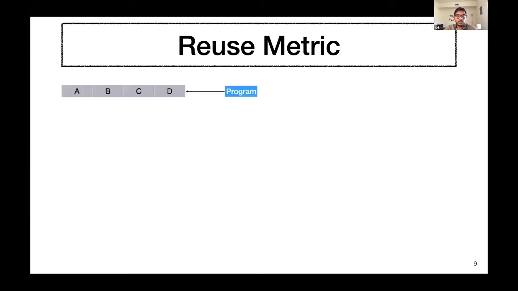So let's look at a toy example and calculate the reuse metric for that. This small program consists of only 4 instructions. When it is executed, assume we get the following execution trace. So ABC is repeated twice and AAB is repeated thrice, and D is not executed.